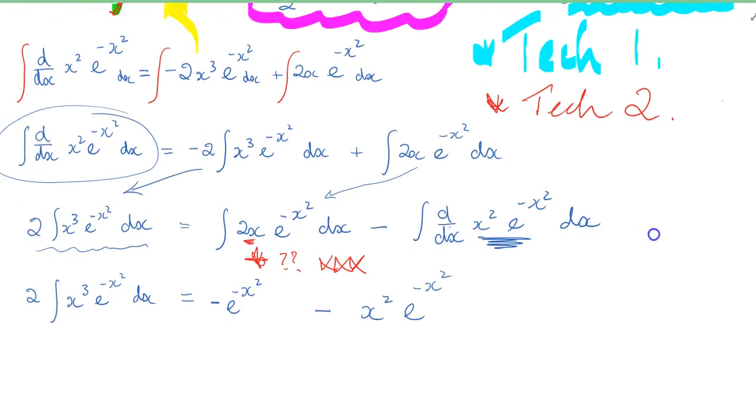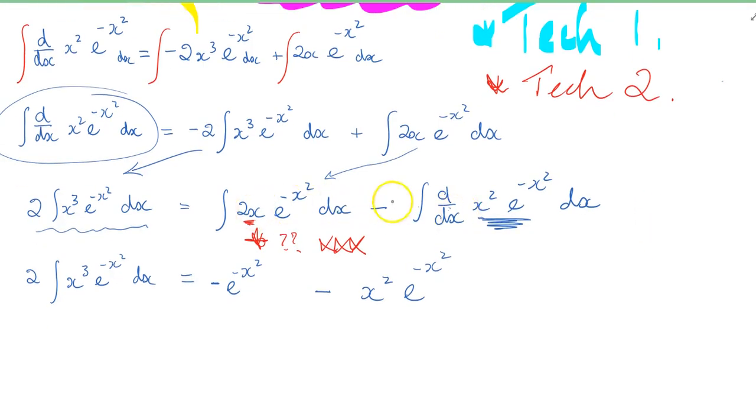And that's just reminded me that when we take the integral of these things, we would have a constant. We might have a constant there and a constant there, but we group it all together and say we've got a constant.